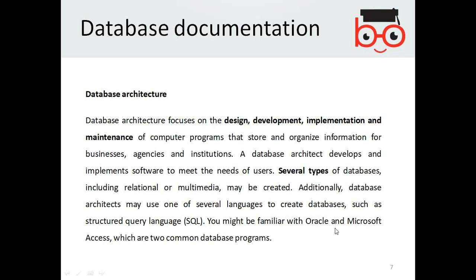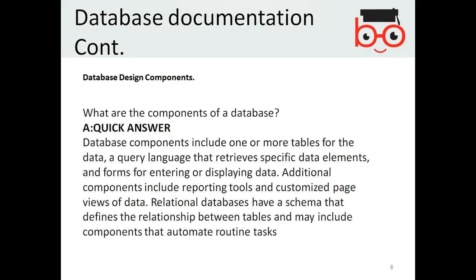You might be familiar with Oracle and Microsoft Access, which are two common database programs. If you know this, then with Microsoft Access or any other database, from different companies, the basics are the same. Now, what are the components of a database?